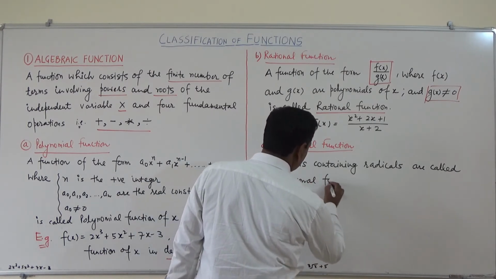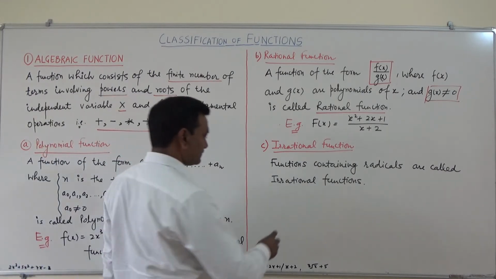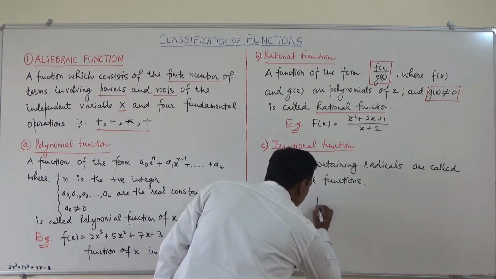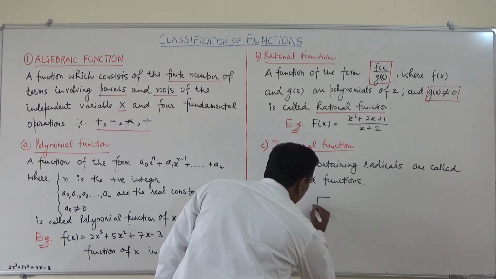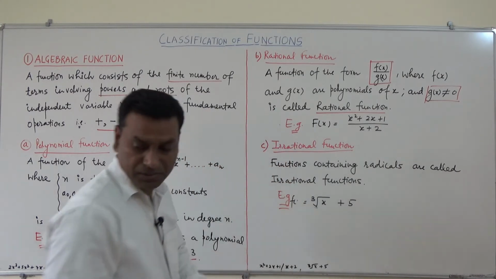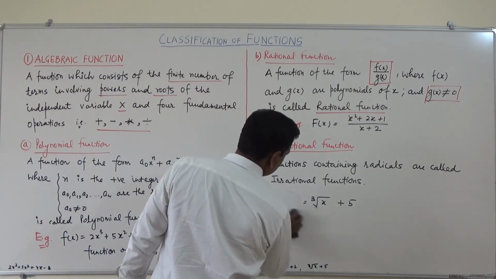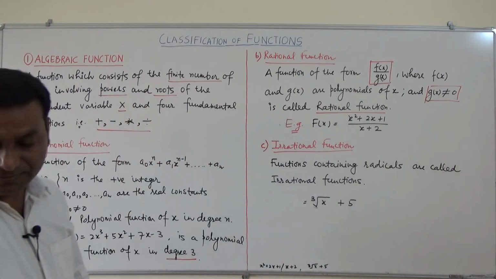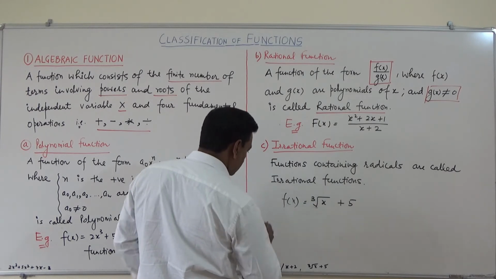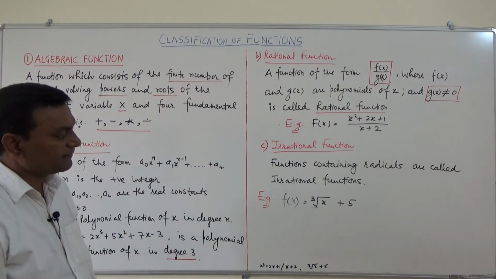For example, cube root of 3x plus 5. So this is fx equals to cube root of 3x plus 5. So this is the radical.